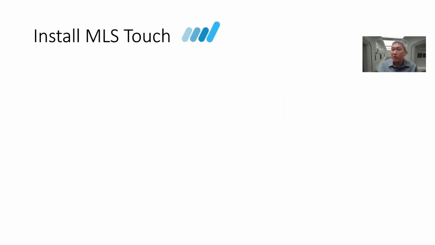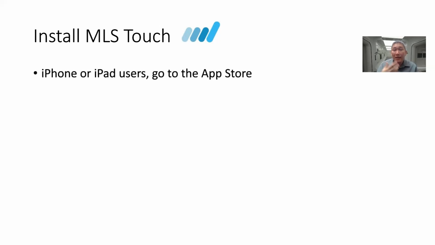All right, let's move on to the installation part of this class. First, what you need to do is, if you're using an iPhone or iPad, you use the App Store.